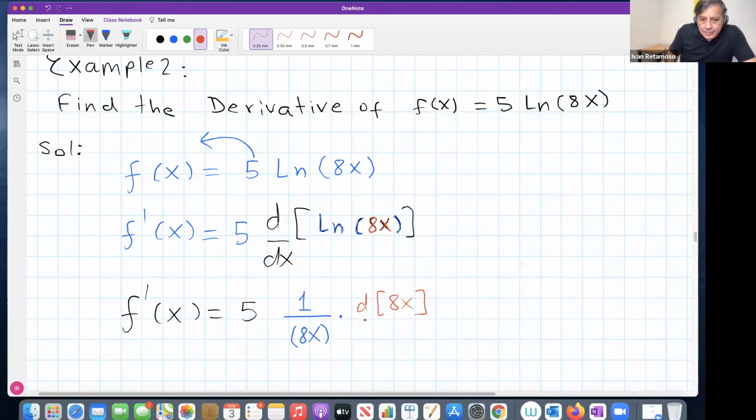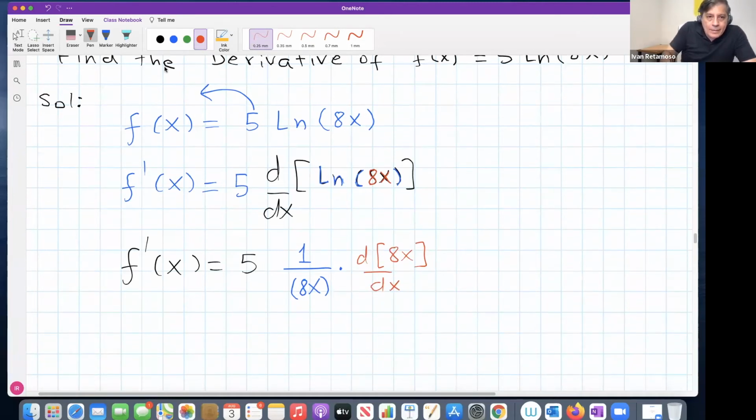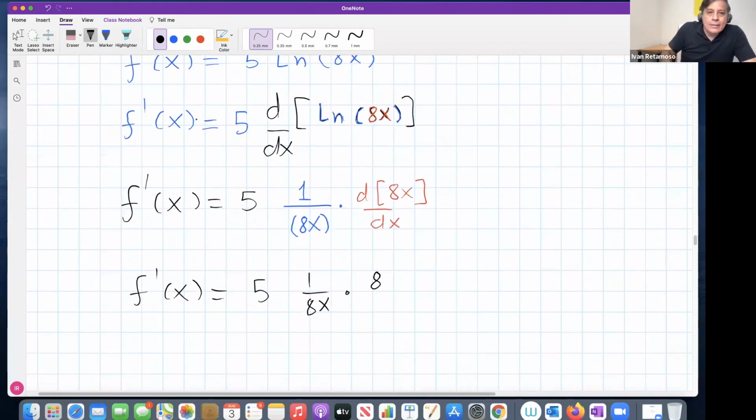With respect to x, and you will see something surprising there. Then we have the derivative of f equals 5 times 1 over 8 times x times the derivative of 8x with respect to x, which is just 8. So the surprise is this.